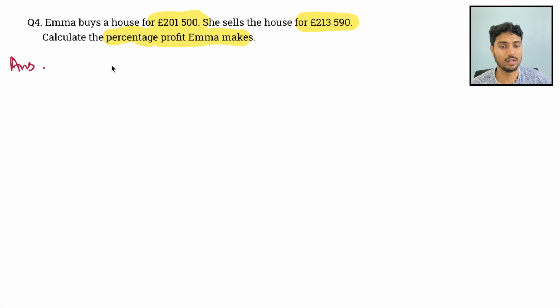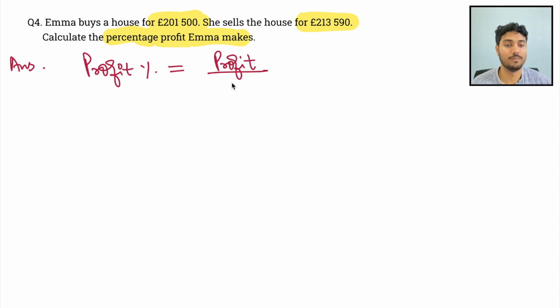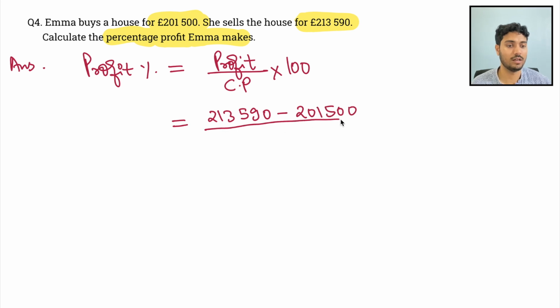So let's calculate. So profit percentage is actually profit divided by the cost price multiplied by 100. So what's the profit? Profit is 213,590 minus 201,500 and divided by the cost price 201,500, and this fraction multiplied by 100, and we'll get our answer.